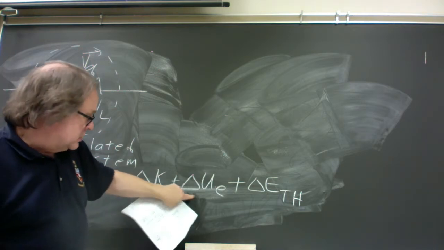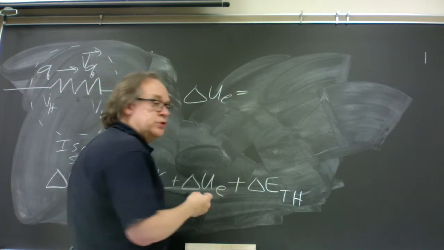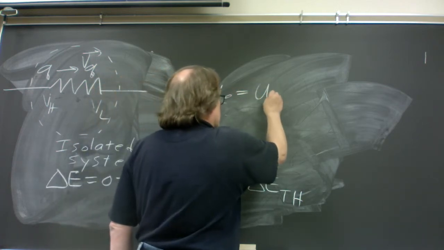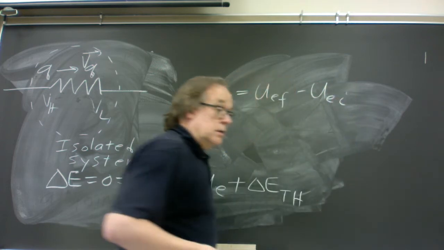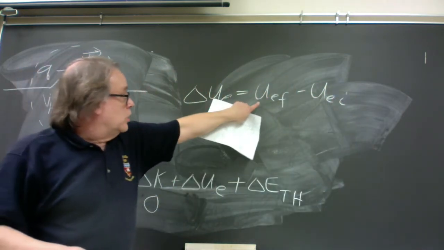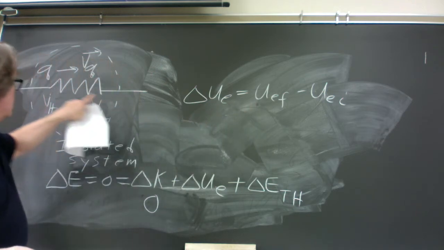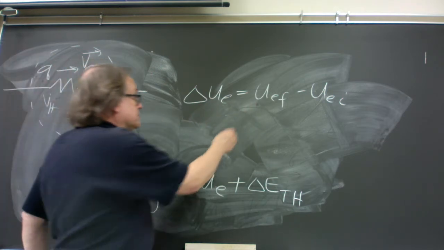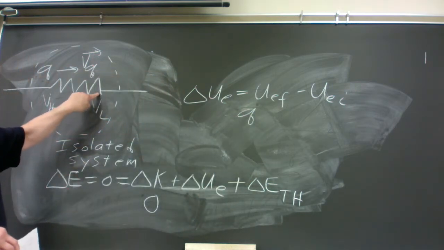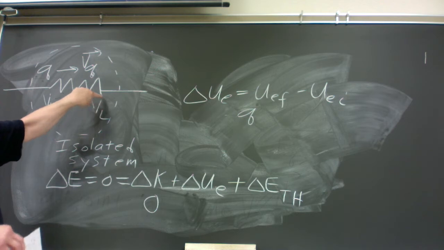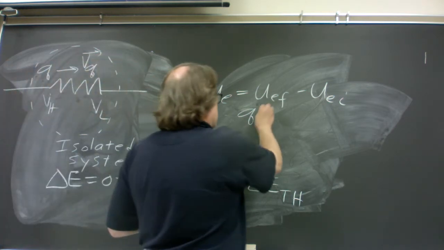So let's think about this for a minute. That's just equal to the final minus initial electric potential energy. Well, potential energy is just charge times potential. There's the charge, and the final potential is the potential that the charge sees when it's here on the way out of the resistance, V low.